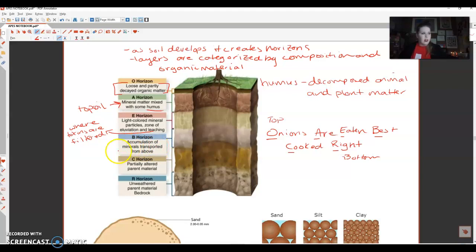This layer right here has very little organic compound. So as you can see, the deeper in the ground we go, the more compact it becomes and the less organic material there is. So that's why roots really can't penetrate past the A horizon, because the soil is just too compact and dense.